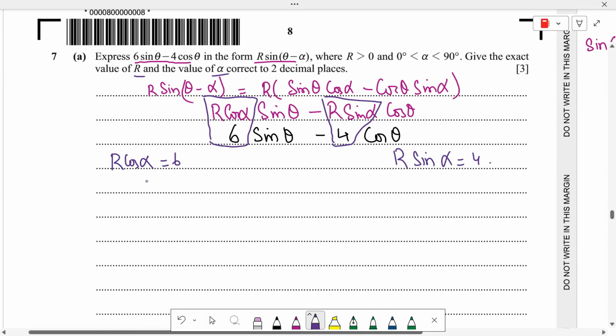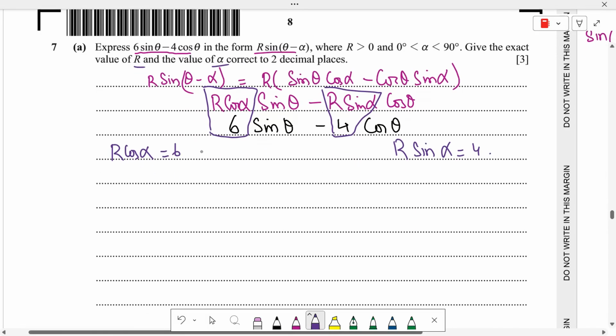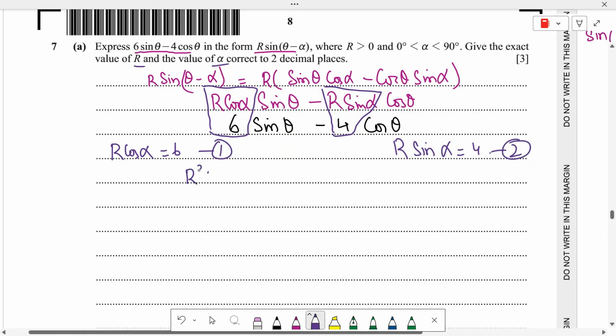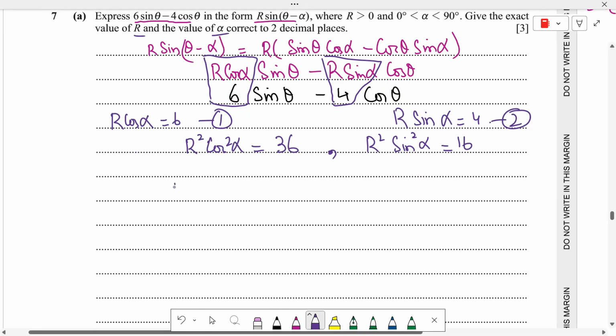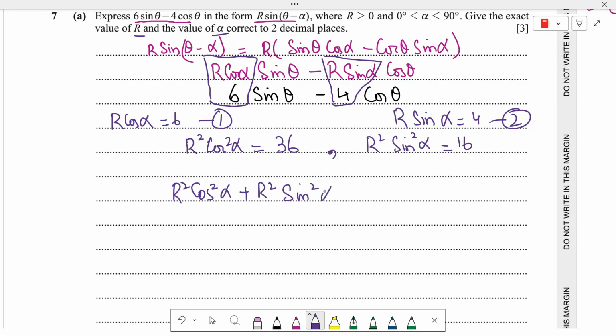When we square both equation 1 and equation 2, r squared cos squared alpha is equal to 36, because 6 squared is 36. Similarly, r squared sine squared alpha is equal to 16. Now we add them: r squared cos squared alpha plus r squared sine squared alpha is equal to 36 plus 16.